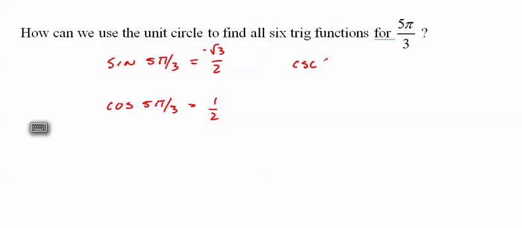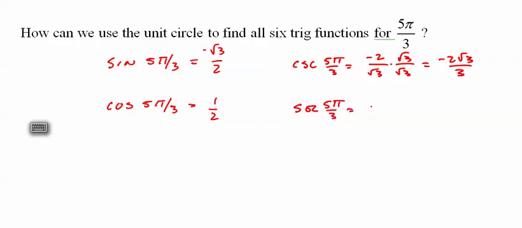Cosecant 5 pi over 3, negative 2 over root 3, rationalize it, negative 2 root 3 over 3. Secant 5 pi over 3 is 2. Again, I'm just flipping these. We've already done this.